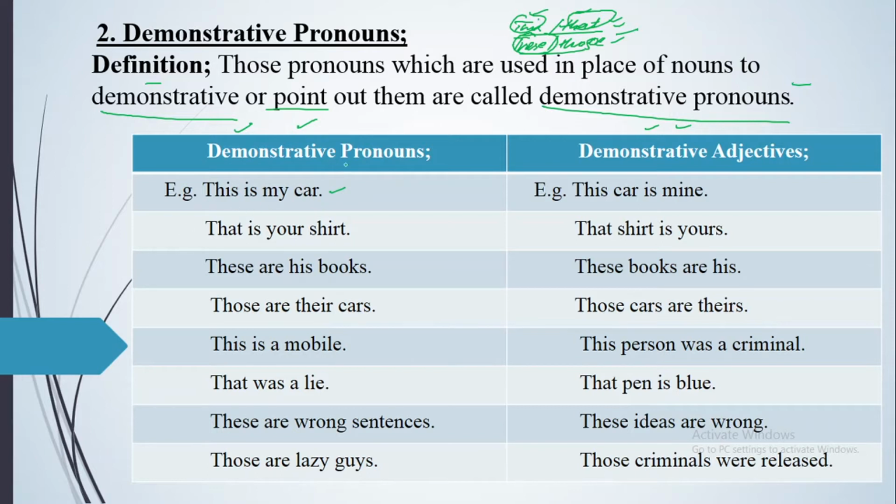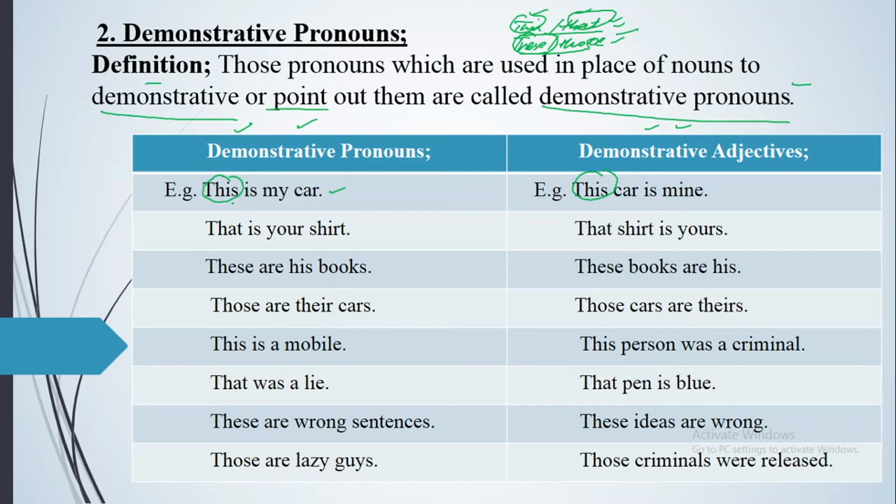Now see, demonstrative pronouns and demonstrative adjectives. How can you recognize whether I am using it as a demonstrative pronoun or demonstrative adjective? See, this is my car. This car is mine. By only two things I will tell you.